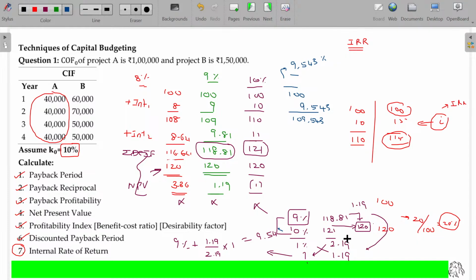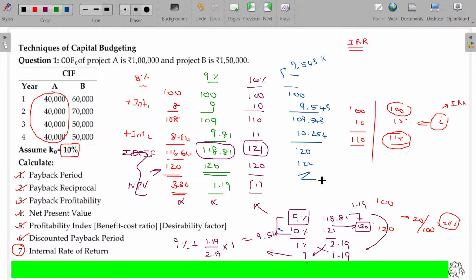What is the value? 10.454. Okay. If you add this up, the ultimate value is 120. Clear? It's now matching. So we found that 9.543 is the correct answer.